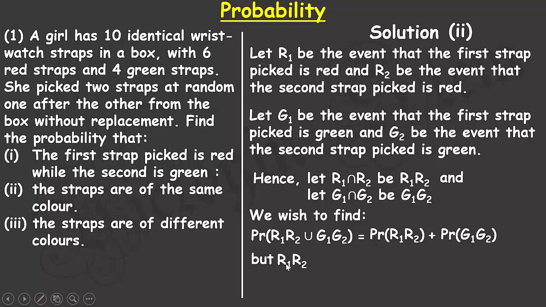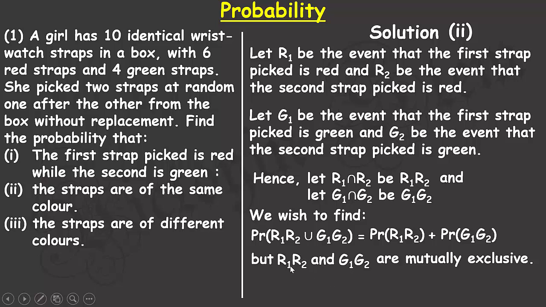But remember, R1 R2 and G1 G2 are mutually exclusive events. Meaning if the girl picks a red strap at the first instance and a red strap at the second instance, that nullifies the possibility of picking a green and a green strap.